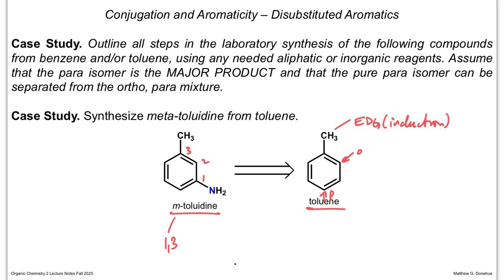Before we even start, the methyl group is already there. We need to get an amino group on there. One thing you can do when looking at these is, okay, that's an amino group.